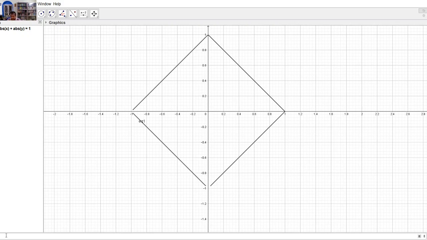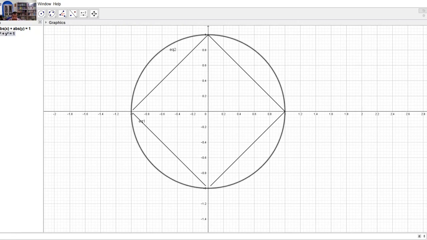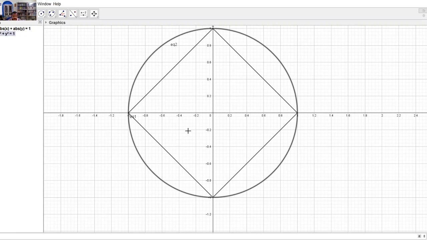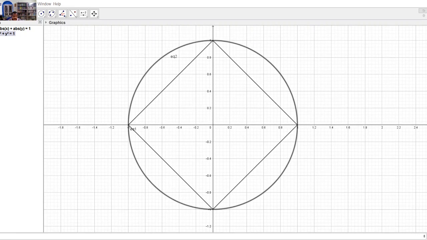Now you consider the unit circle in Euclidean space that you know, x square plus y square equal to 1. So this is the unit circle in R2 with the usual Euclidean norm.